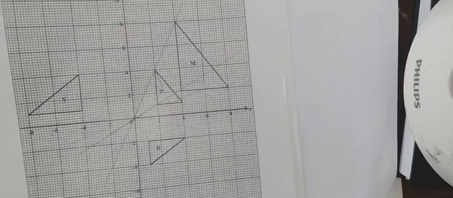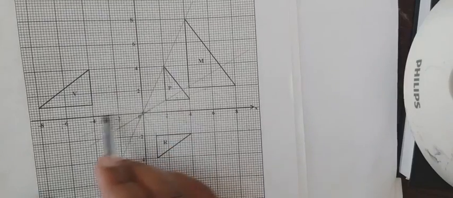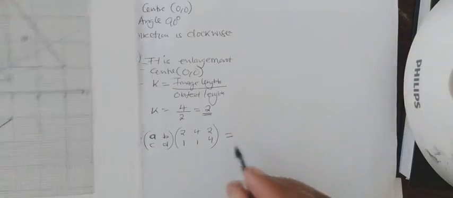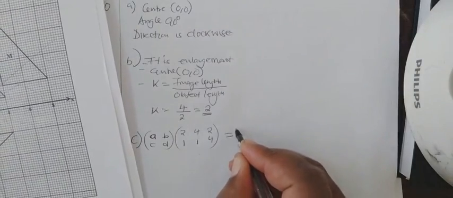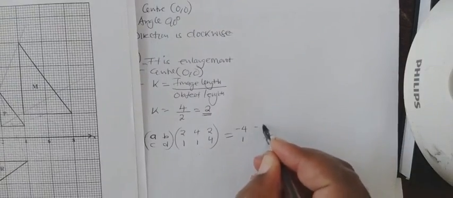What are the coordinates of the image? This one is (-4, 1). Then this one is (-8, 1).